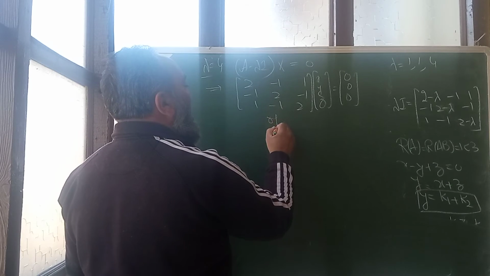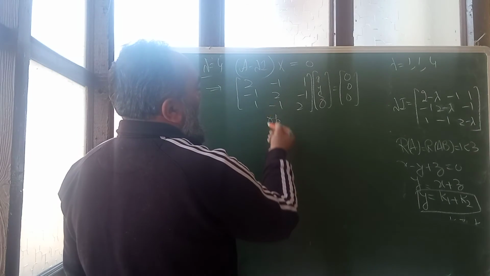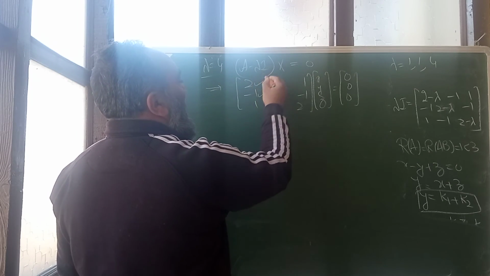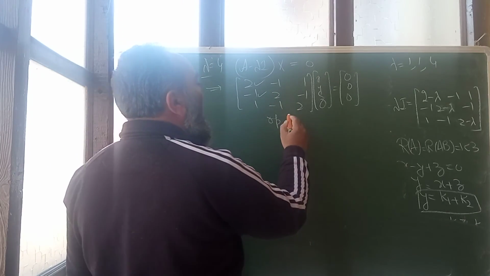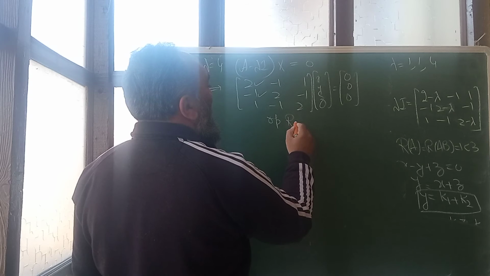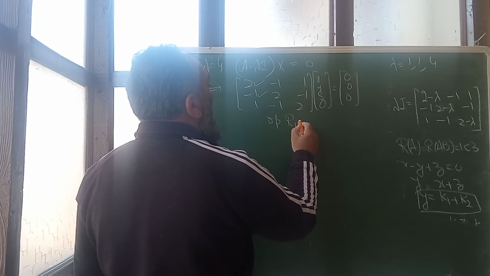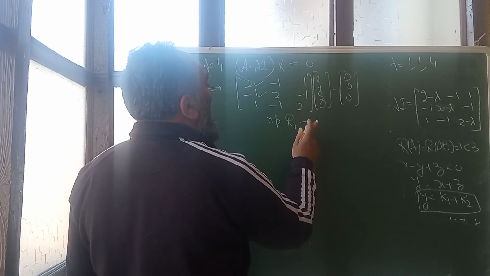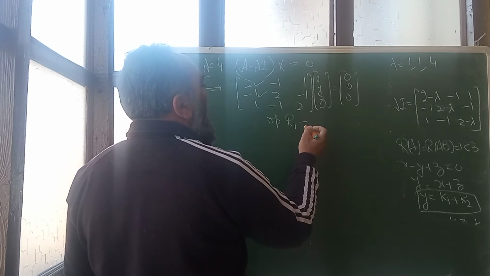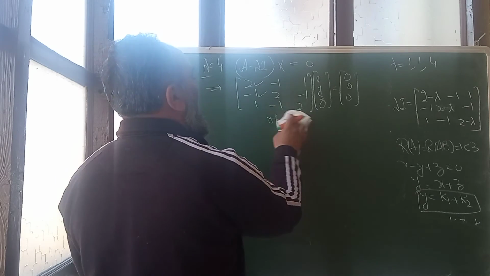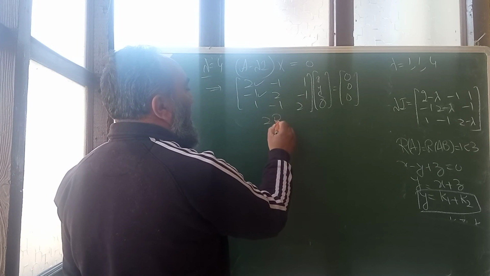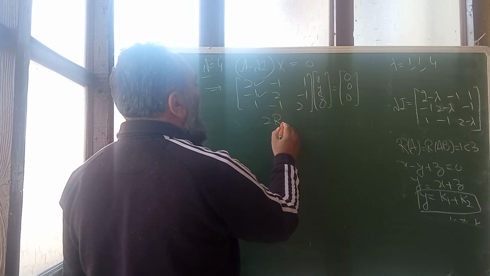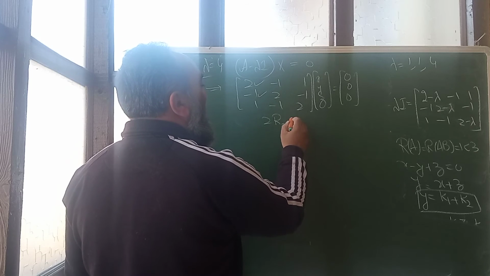So operate. You can make this 0 and this 0. It doesn't matter, whatever you like. Or let me operate: 2 row 2 plus row 1.